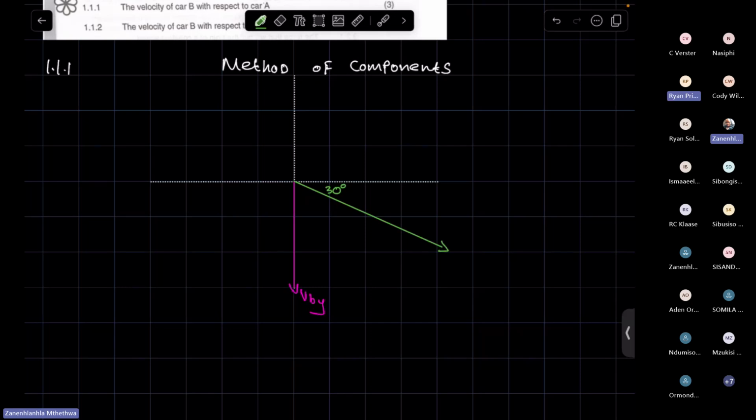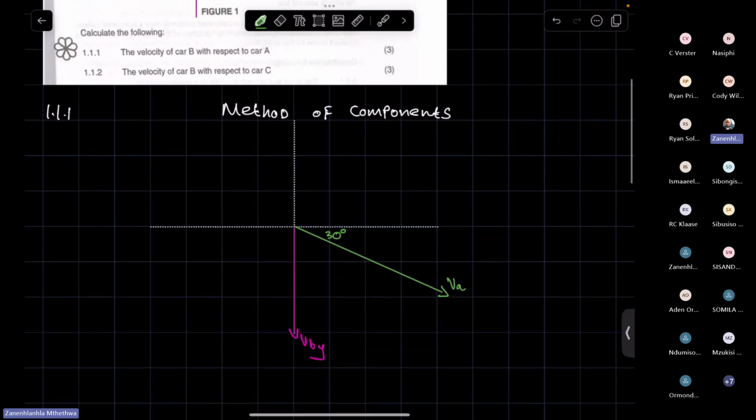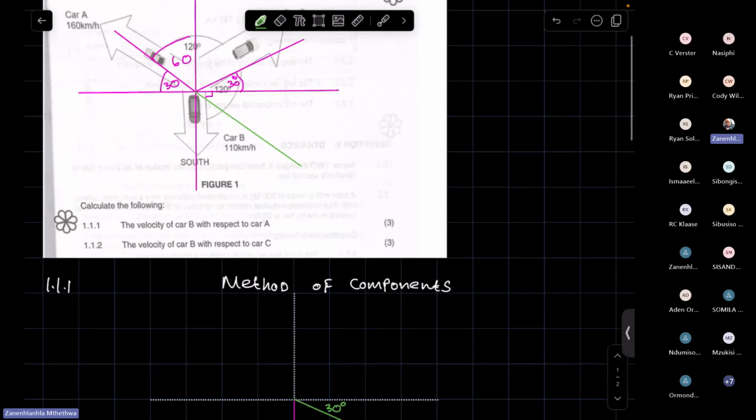Yes, sir. Right, so this is VA. So VA, we are going to leave as VA. Why? Because it is an oblique vector. It's only its components that are going to be in terms of the axis that they are parallel to, right?